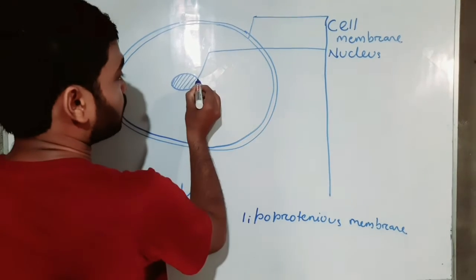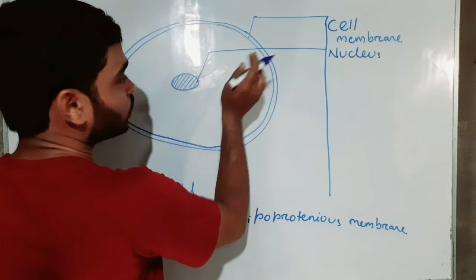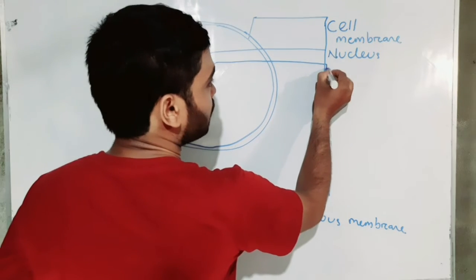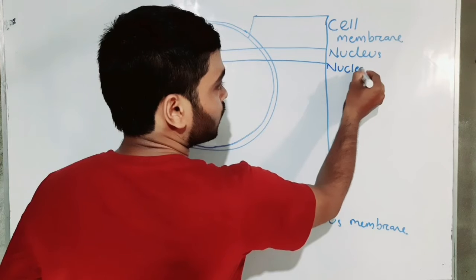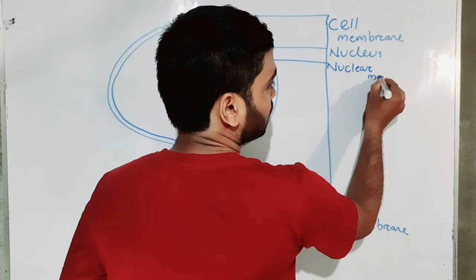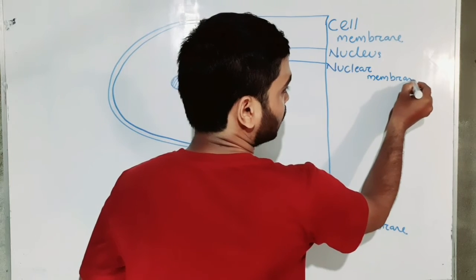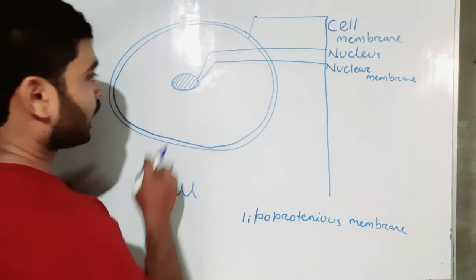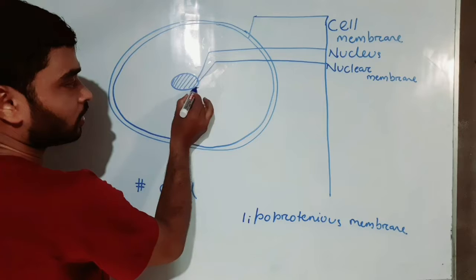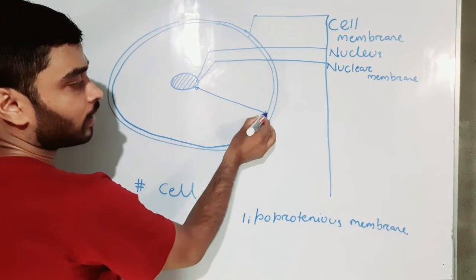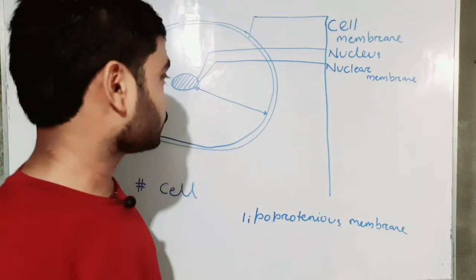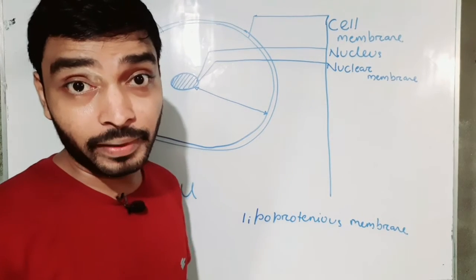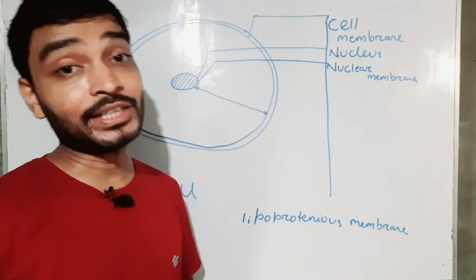So, the cell is composed of a centrally present nucleus, and the nucleus is surrounded by a membrane called as nuclear membrane. It is the external boundary of the nucleus. The space present between the nuclear membrane and cell membrane is called as extranuclear space, and that space is occupied by a fluid called as cytoplasm.